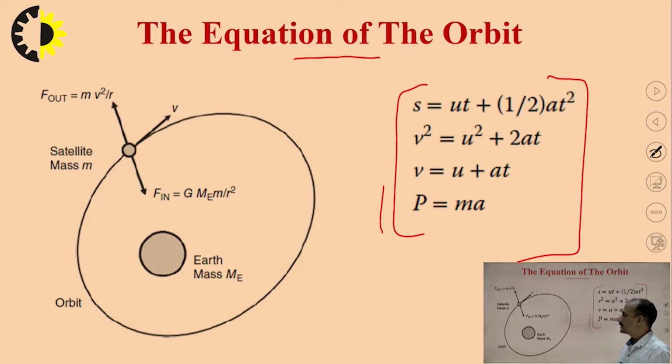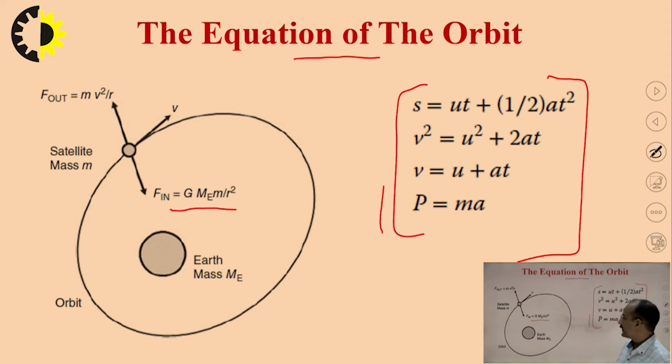These two forces are the centrifugal and the centripetal force, and here we are talking about F in and F out. F in is the centripetal force, and F in is equal to G Me m upon r square. It comes from Newton's gravitational law.